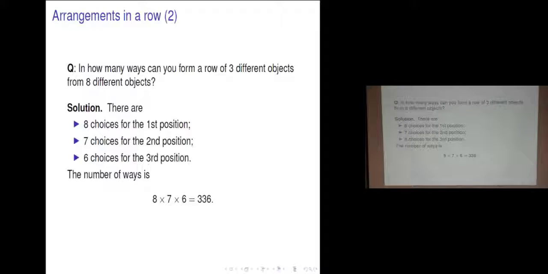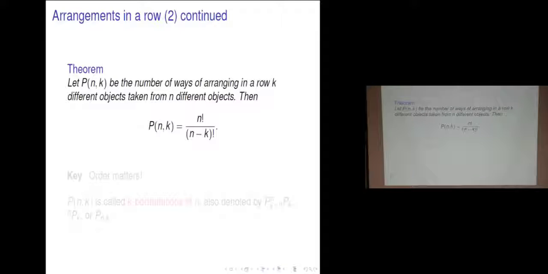So this is indeed n factorial divided by n minus k factorial. If you understand this, you understand that. So you have n factorial, but the last terms, the tail, was chopped off because you divide it by n minus k factorial.